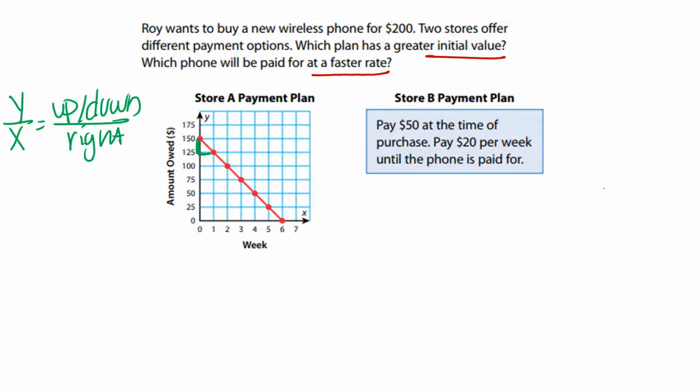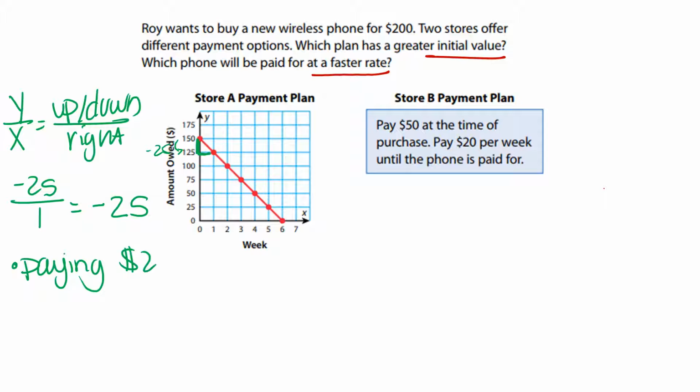In this case, we're going from 150 to 125, so it's going down 25. We're going over 1, 0 to 1 is 1. So that means our rate of change is negative 25. He's paying $25 each week.